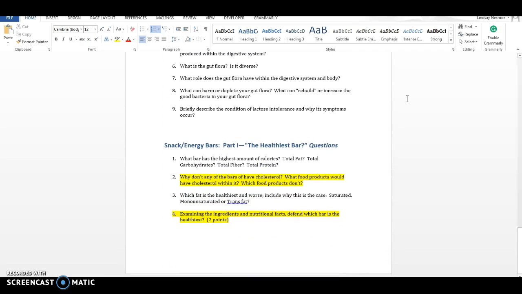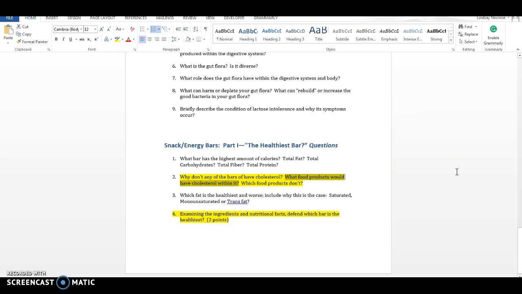All right, and then let's go down to the second part, talking about the snack and energy bars. For number 2, we are looking at cholesterol, and there's many ways you can answer this question, but let's focus on the middle one. What food products don't have cholesterol? Think generally here.